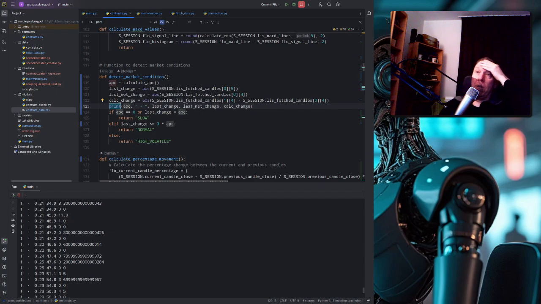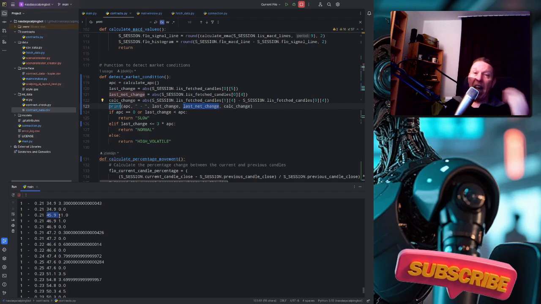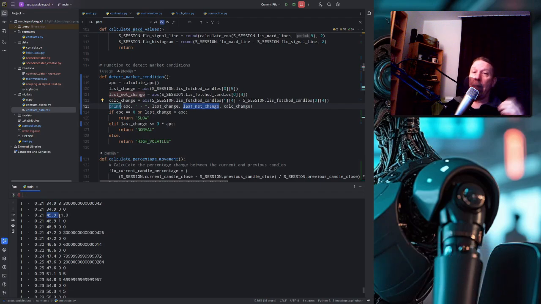And that's what you see right here, the last netto change. That's the second number. You see the second number is 34 and 30 and 45, etc. These are the actual changes in pips per candle. And those numbers, if you see, we had a 0.21 percentage change.